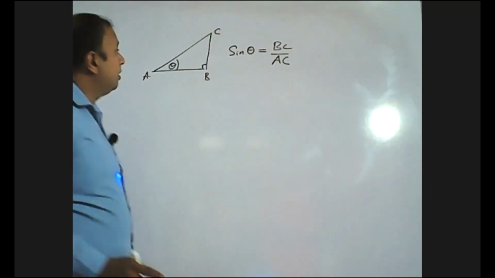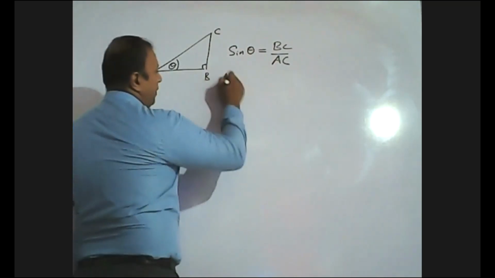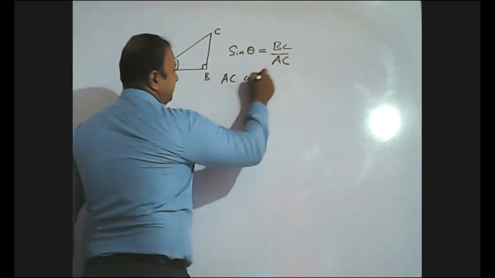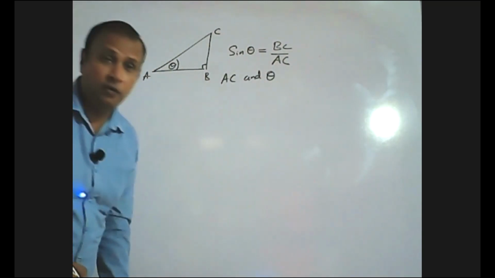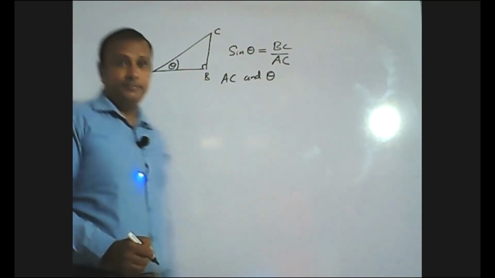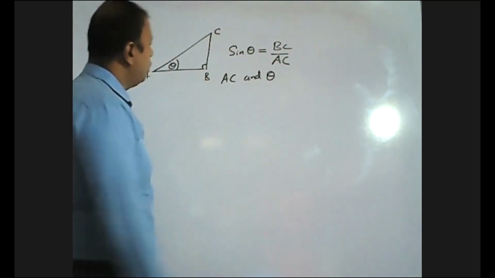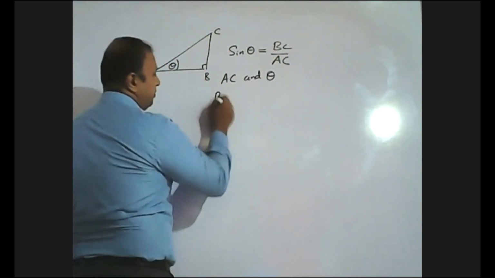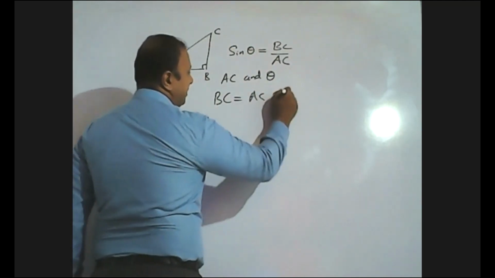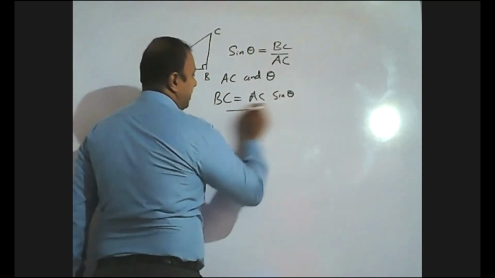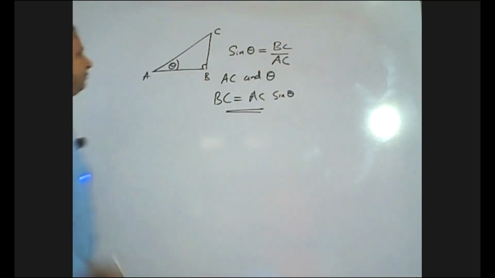Suppose we know AC and theta and have to find BC. So I can make BC the subject. BC is equal to AC sine theta.